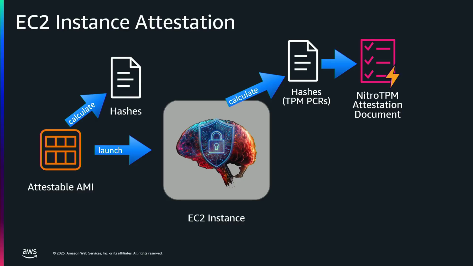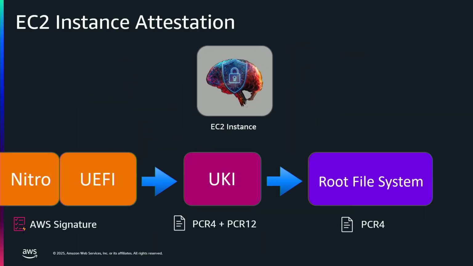And the secret part about why that attestable AMI is so different is that it contains a completely different boot environment. So you have the Nitro stack, which starts up the virtual machine, which executes a UEFI boot environment, low-level firmware, which then launches something called a unified kernel image, a UKI, which is a standard upstream concept, a normal Linux concept, but we're reusing it in attestable AMIs because it gives us a very nice property.